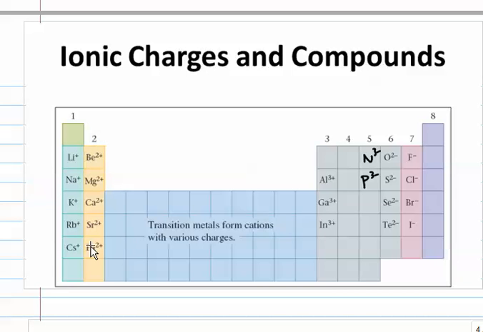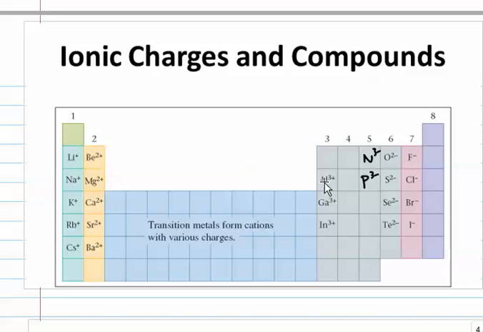Group 2 ions tend to lose 2 electrons, forming +2 ions. So the common ones here are magnesium and calcium. In group 3A, we have the common metals that we see will form +3 ions. That is, they will lose 3 electrons, becoming the aluminum ion, which has a charge of +3.